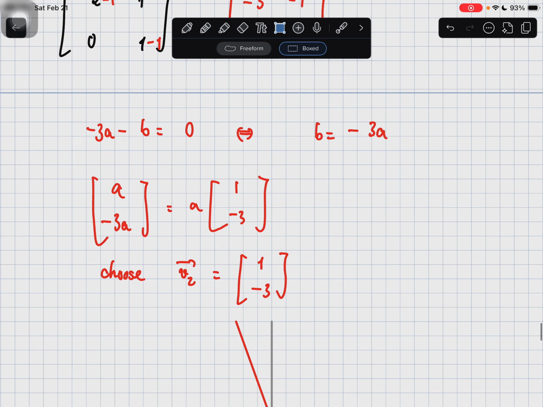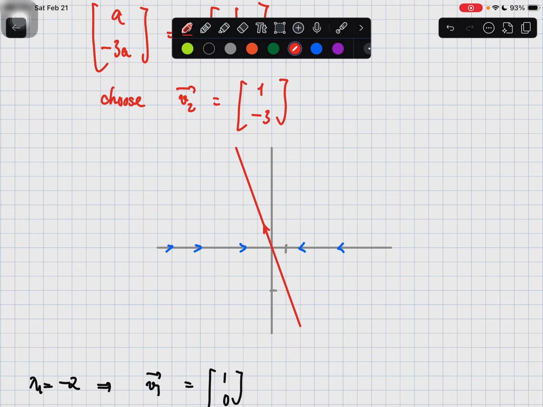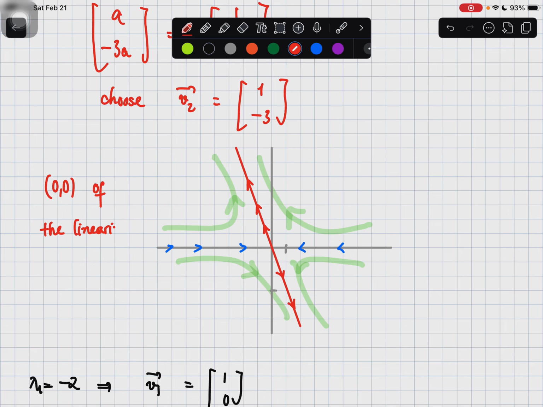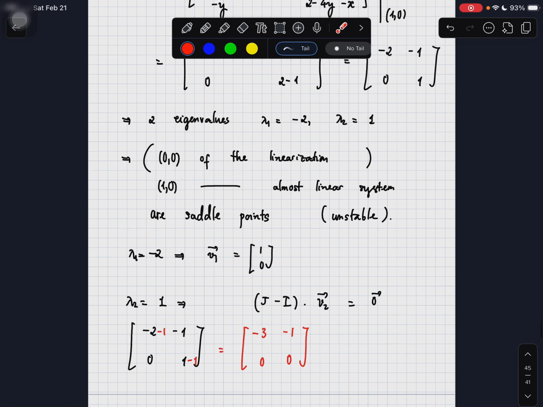It goes outward because lambda 2 equal to 1 is positive. So the picture would be like this. This is still the picture near (0, 0) of the linearization. I will draw them all together in the global picture later.